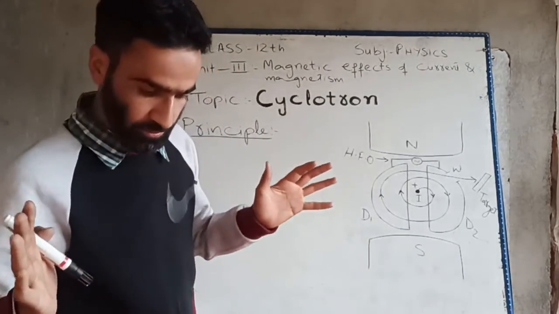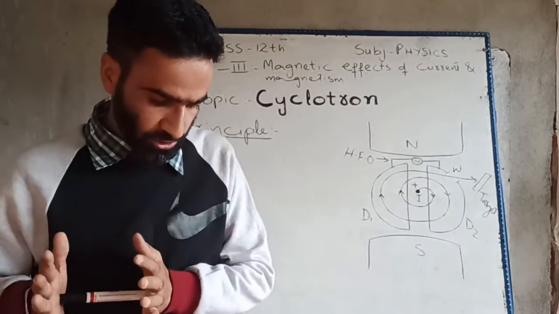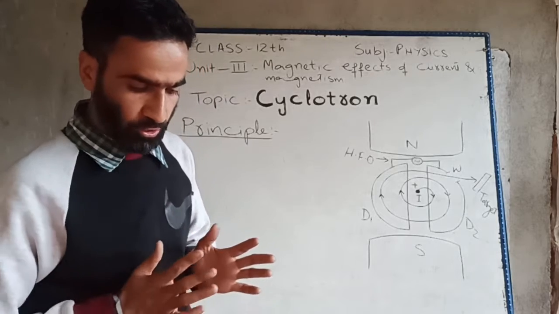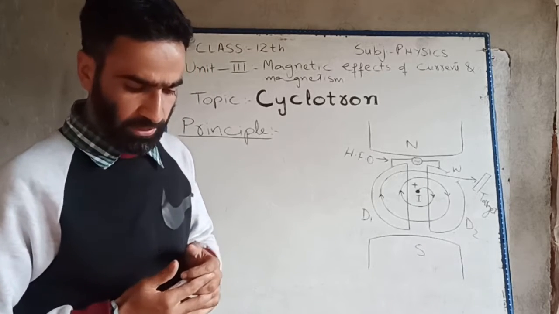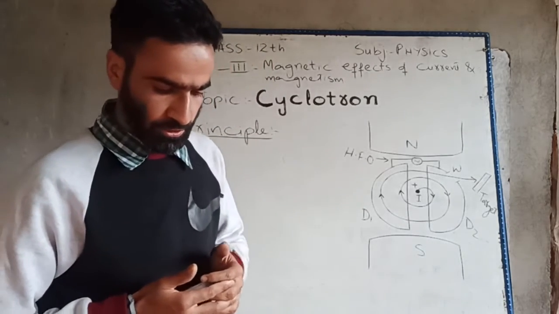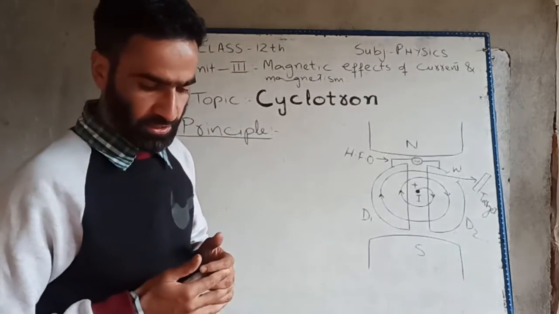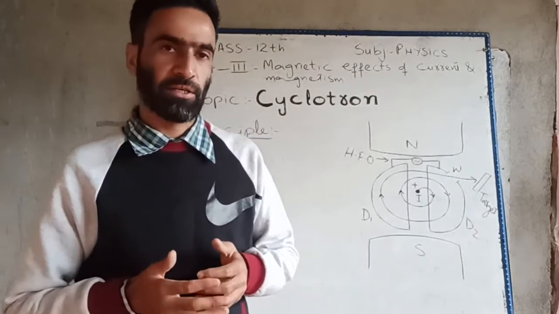Let me repeat it. It works upon the principle that a positively charged particle can be accelerated to a sufficiently high energy with the help of small values of oscillating electric field, by making it cross the same electric field again and again with the use of a strong magnetic field.